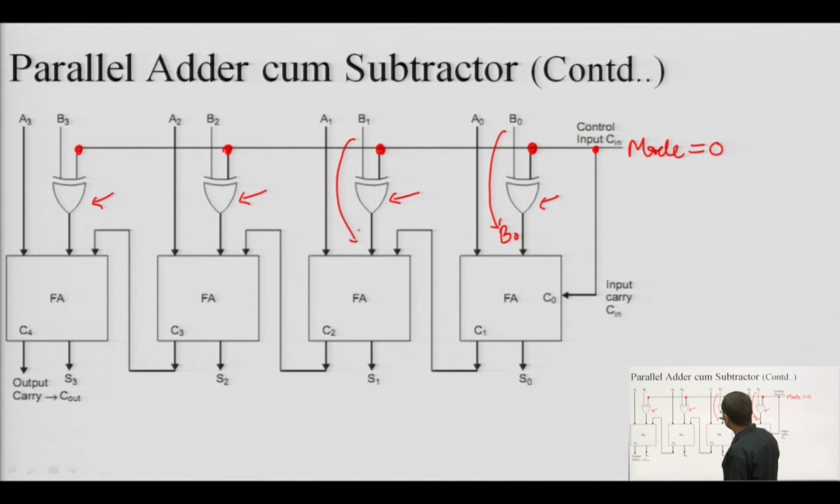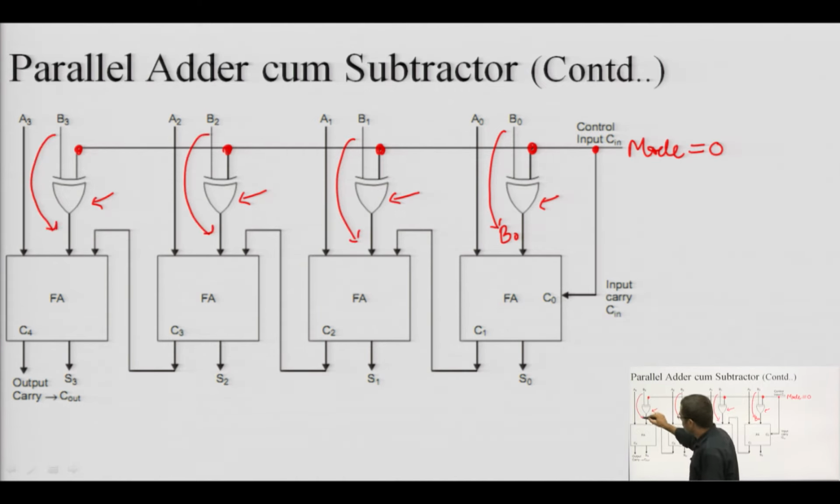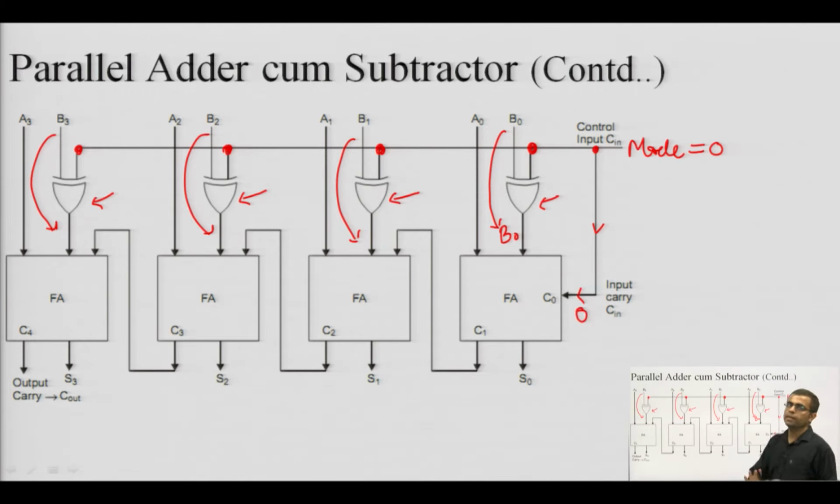Similarly, B1 will reach there, B2 will reach there, and B3 will reach there. And this carry input is 0, and nothing more is added to the numbers. That means, in that case simply A plus B can be computed for mode equal to 0.